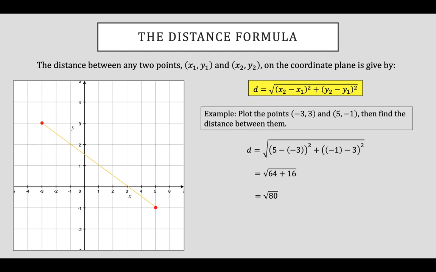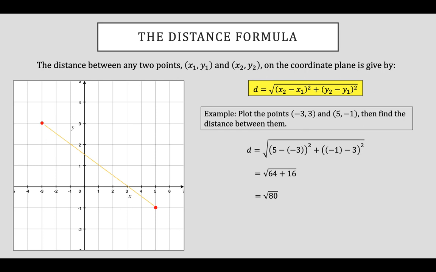Now, are we done here? The answer is no, right? We want to make sure that we simplify any radicals. So what we need to determine is, are there any factors of 80 that are perfect squares? And a perfect square is just something that you can easily take a square root of and get a whole number value, like 4 or 16.